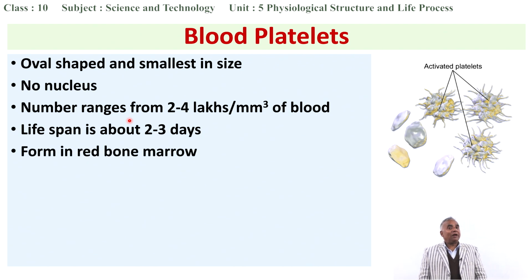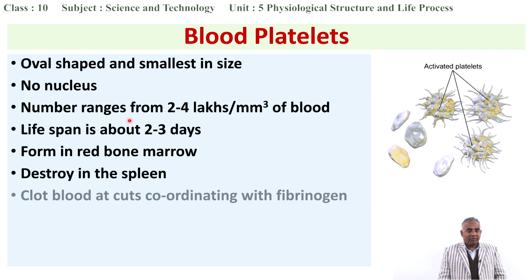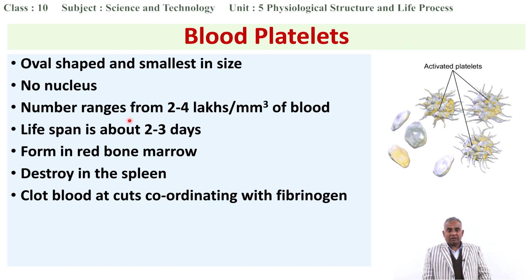They form in red bone marrow as RBC does, and are destroyed in the spleen. They clot blood at cuts, coordinating with fibrinogen. In plasma also, I told you that plasma helps in blood clotting, but not alone. How does blood clot?